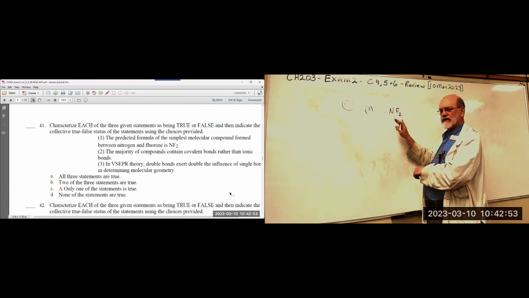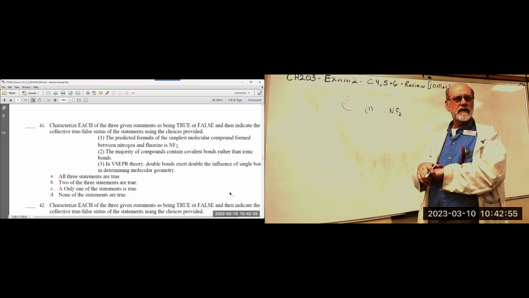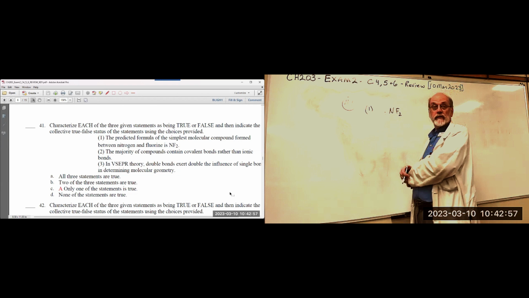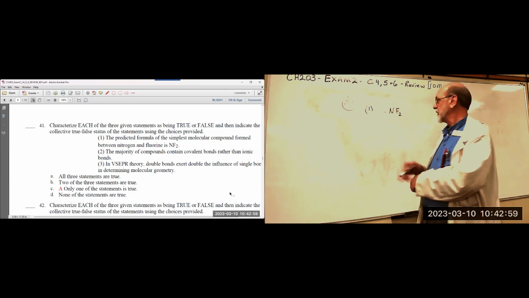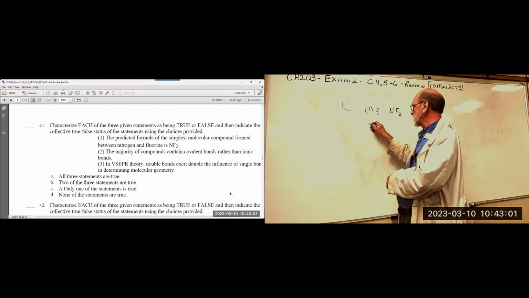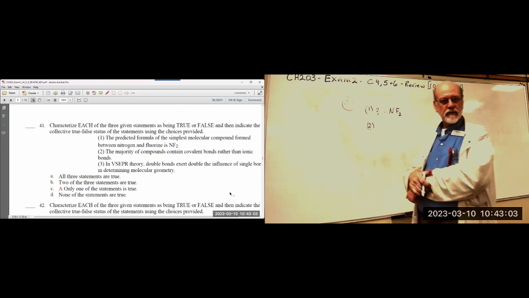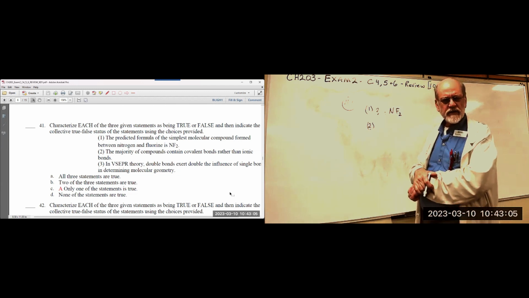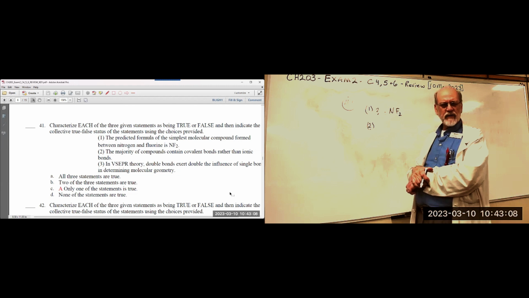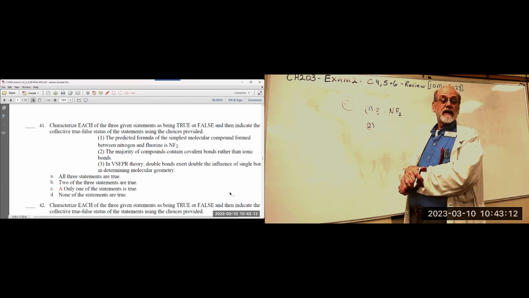These are both nonmetals, so we can't use charge balance. So that could be true. So we'll put that one as a question for now. The majority of compounds contain covalent bonds rather than ionic bonds. Majority of compounds. Okay.